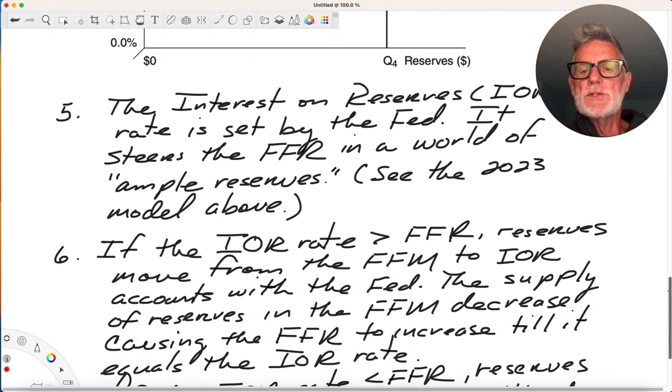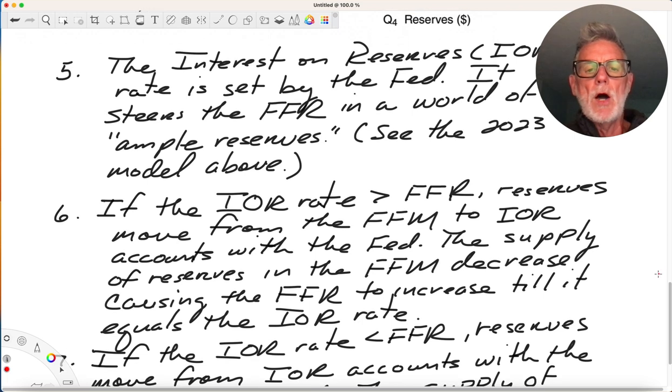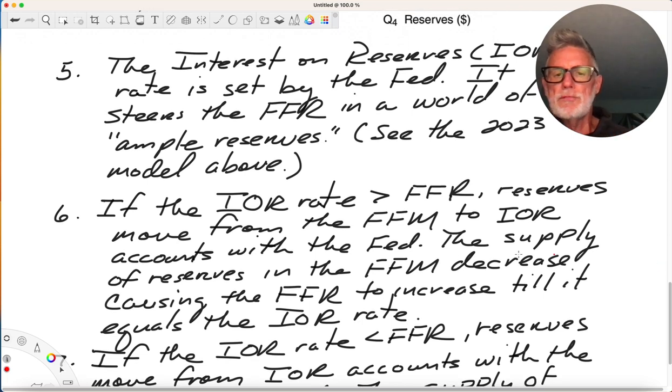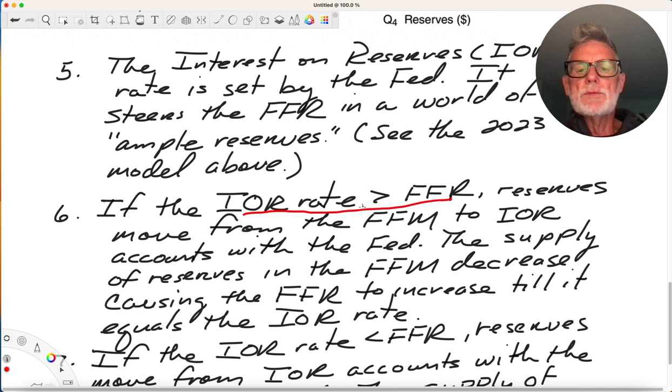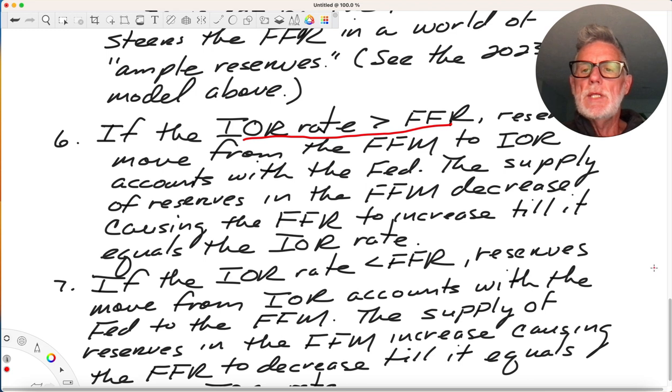If the interest rate on reserves is greater than the federal funds rate, and this is the condition, reserves move from the federal funds market to the IOR accounts with the Fed. The supply of reserves in the federal funds market decreases, causing the federal funds rate to increase till it equals the IOR rate. All right, so let's talk about that.